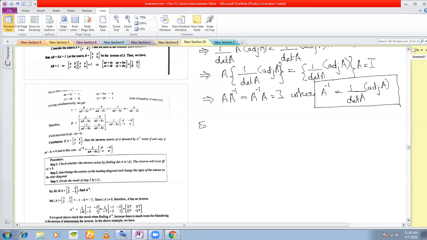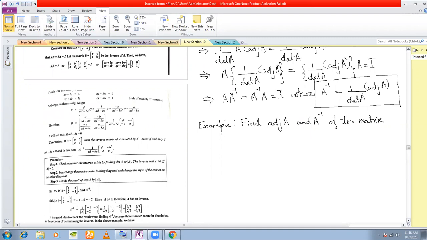Example. Find adjoint of A and A inverse of the matrix. Matrix inversion is very, very important.